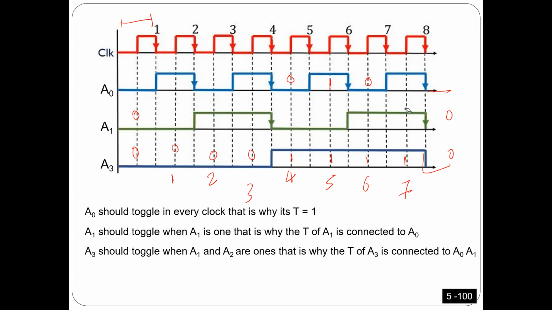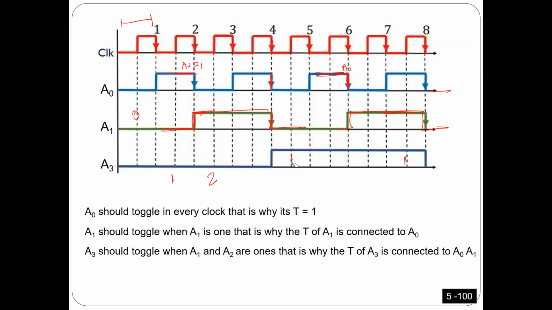If you look here, at this moment A0 is 1. That's why this one will toggle from 0 to high, right? And then I have to wait for another clock in order to toggle again. And then I have to wait for another time when this one becomes 1 in order to toggle again, and so on.